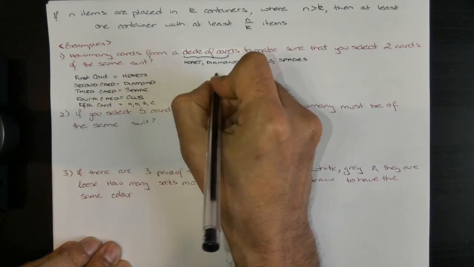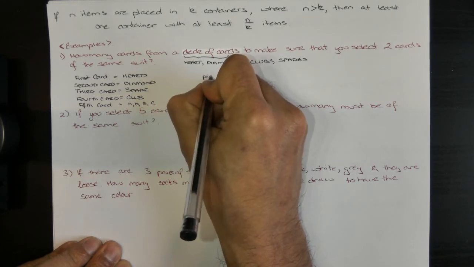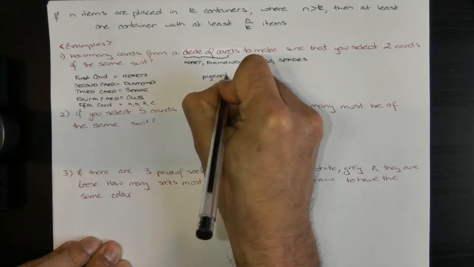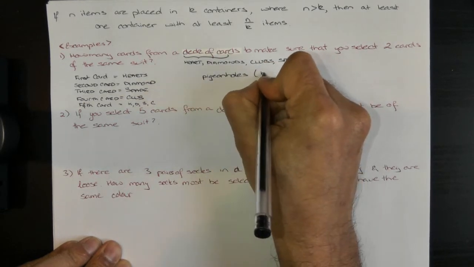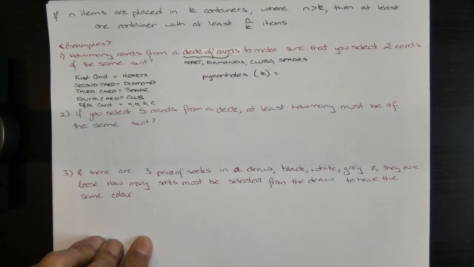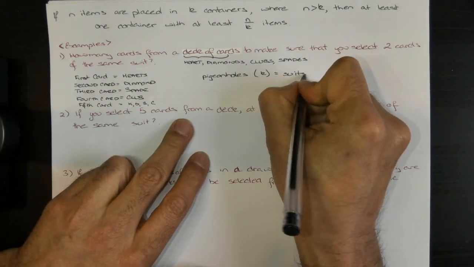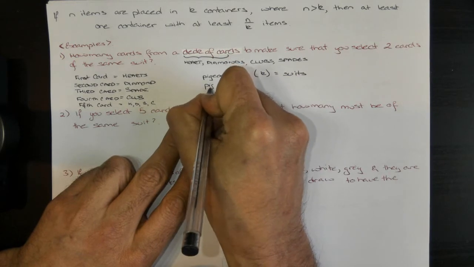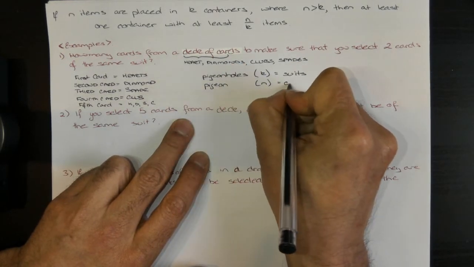So in this case, the pigeonholes, I'll label that as K, were the suits. And the pigeons, in this case, and we'll label that N, was the cards.